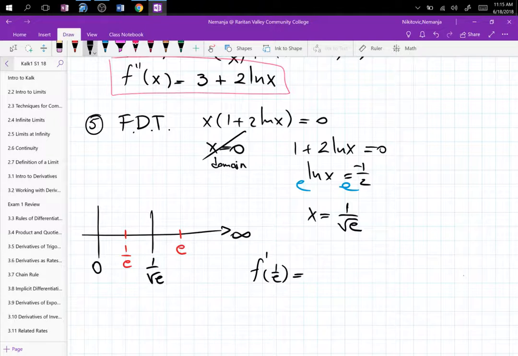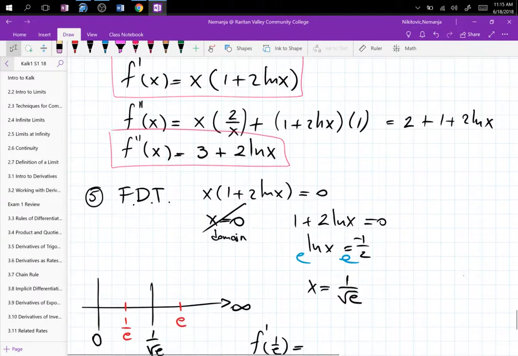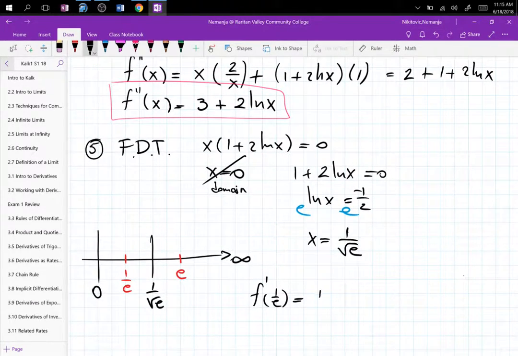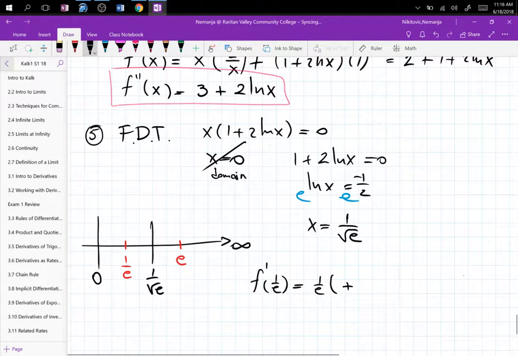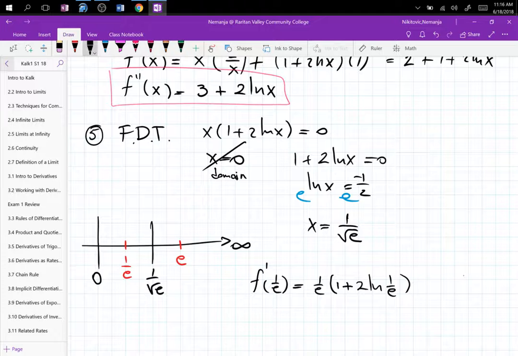So 1 over e. And the derivative is x, so that's going to be 1 over e, and then 1 plus 2 ln 1 over e. How much is ln of 1 over e?